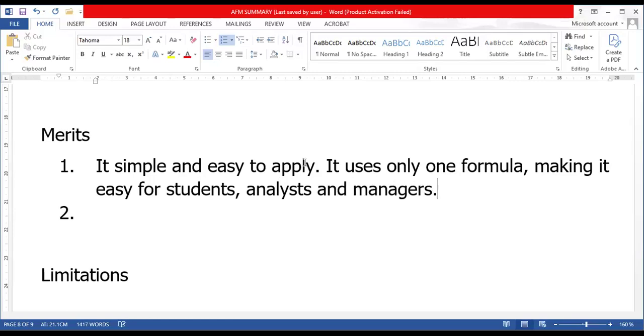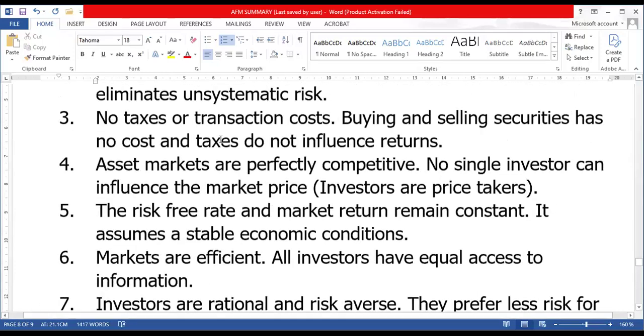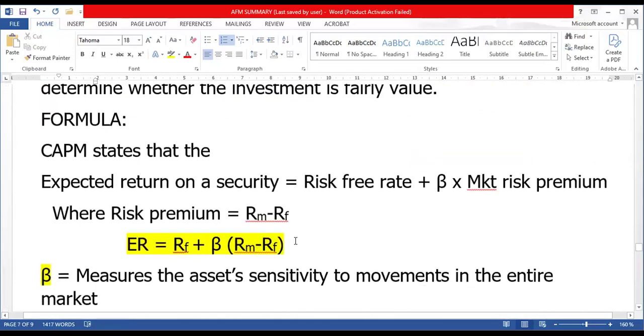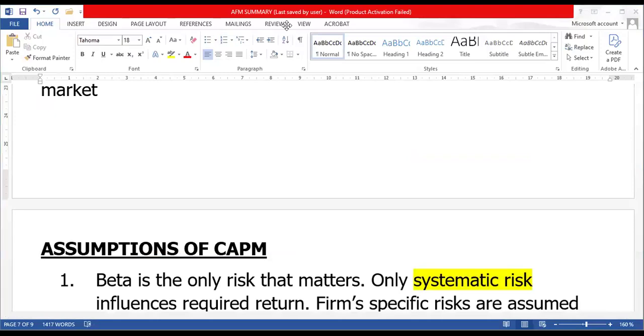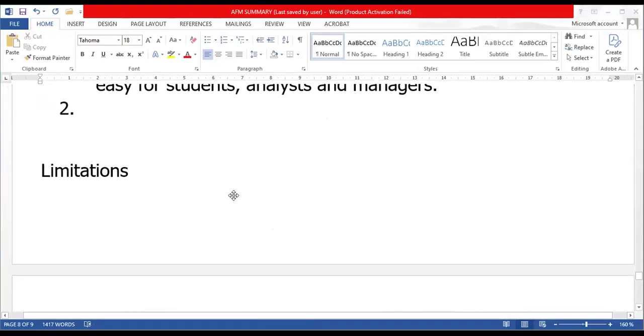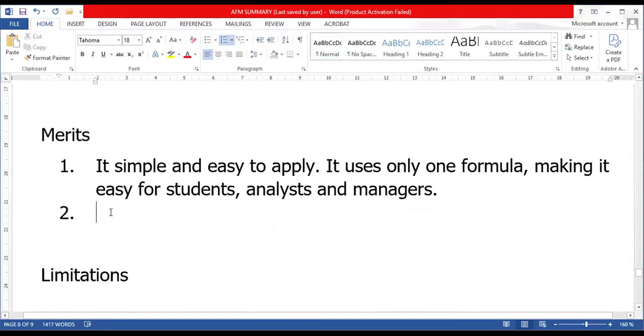That is point number one. At least you see this formula, you can recall it. It is not all that complicated. But I repeat, don't put this point if you know that you cannot apply the model. You rather put other points.